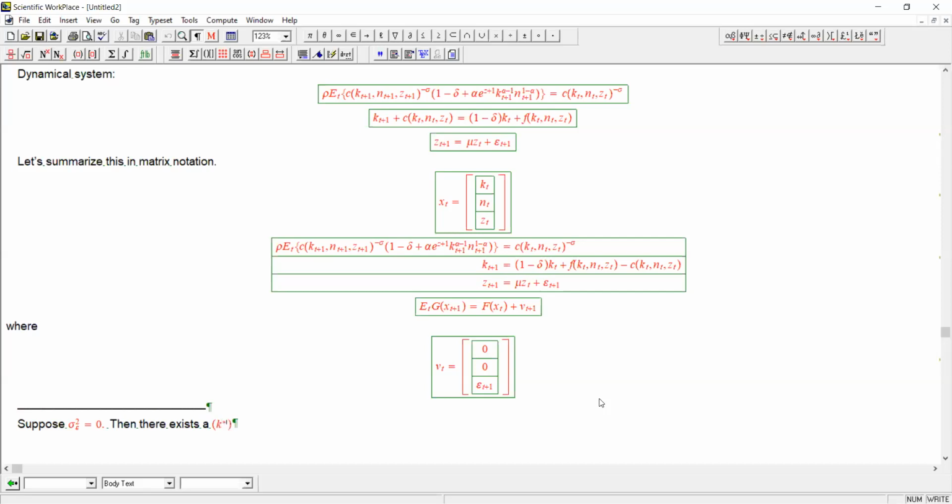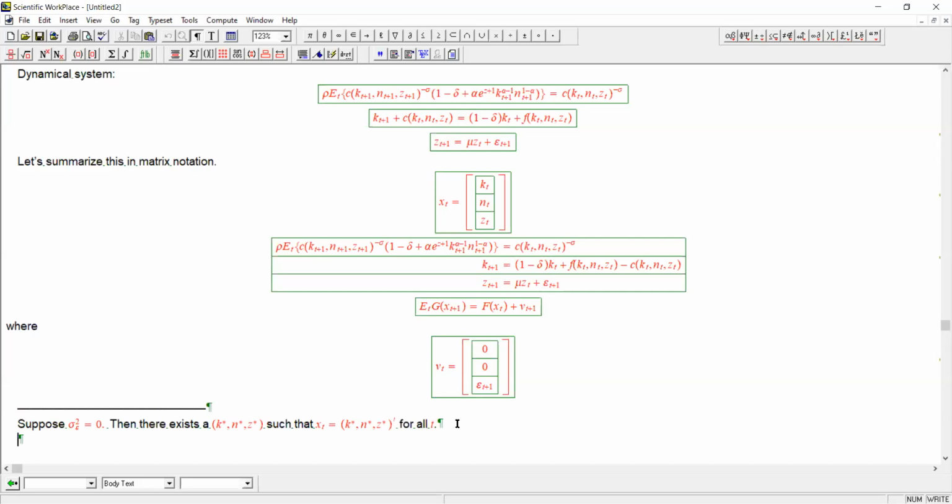A steady state being a value of k, n, and z such that x_t equals those values for all t.